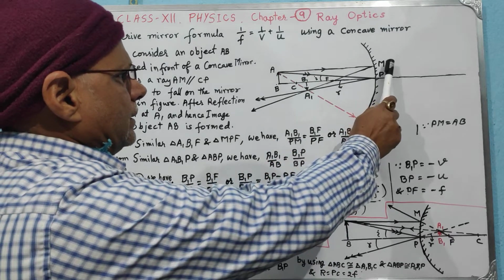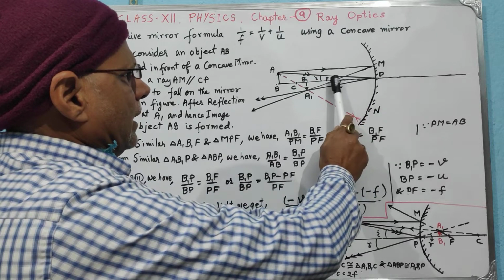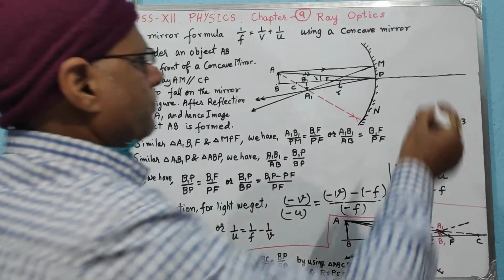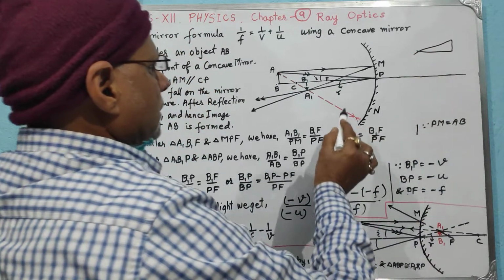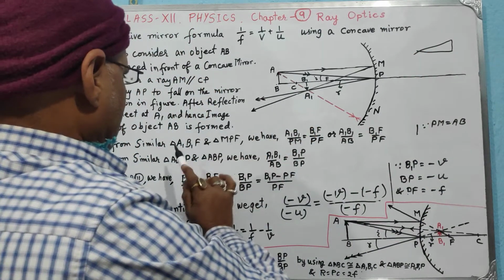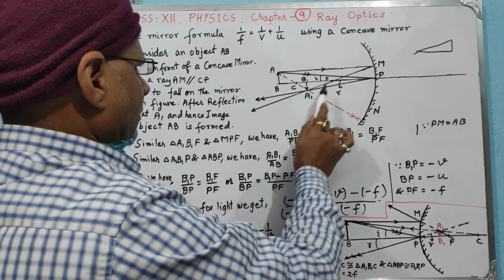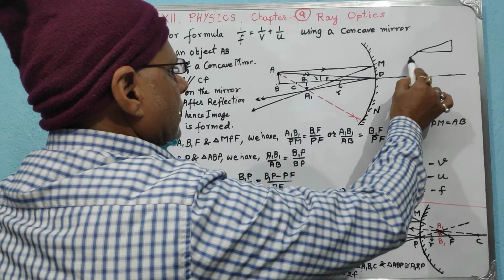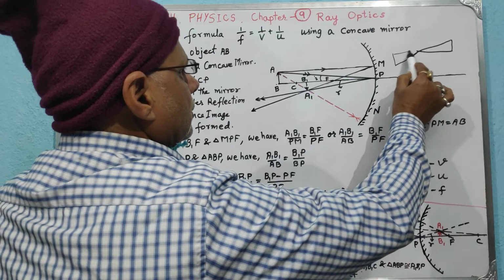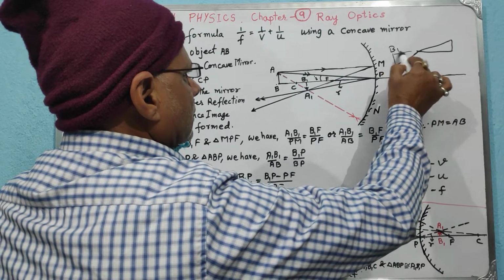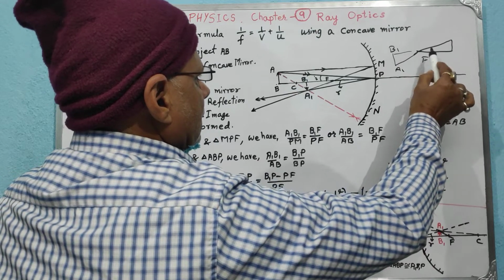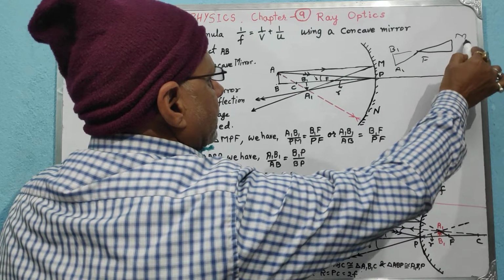You see here it is M, P and F. And we have considered the first triangle A1, B1, F, and this is MPF.